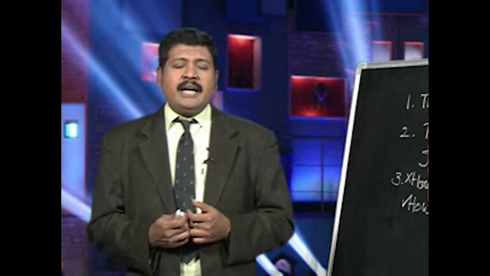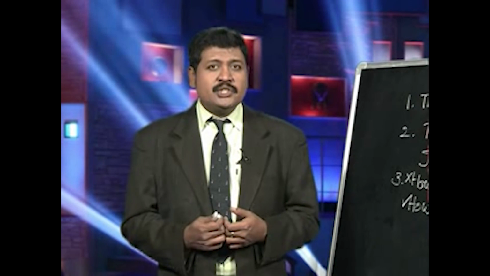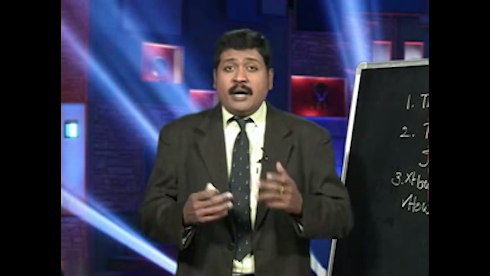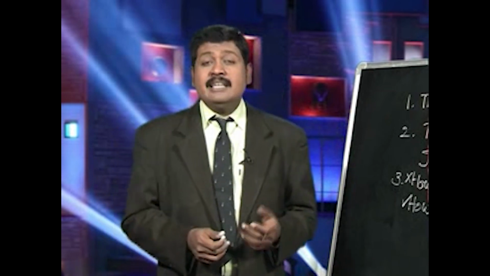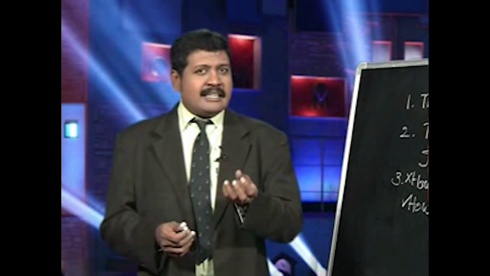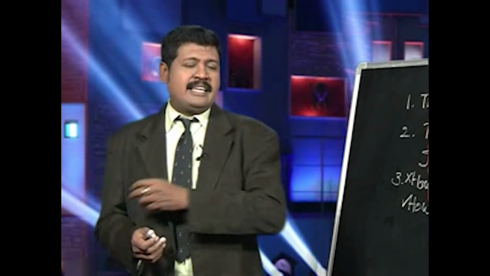Since we are talking about time, I would also like to mention a few things about how to express time, how to talk about time. For example, if the time is 6:30, do we say only 6:30, or is there any other way of saying 6:30?